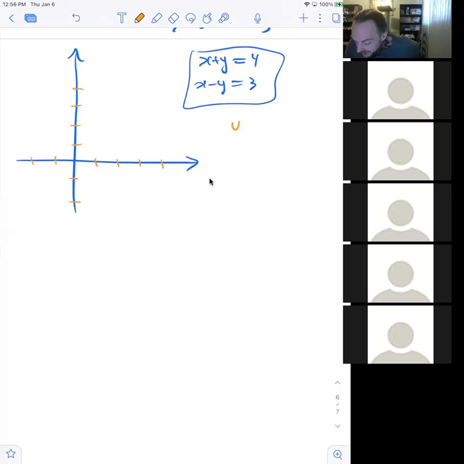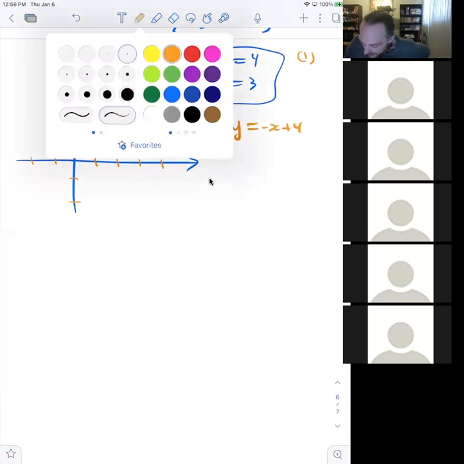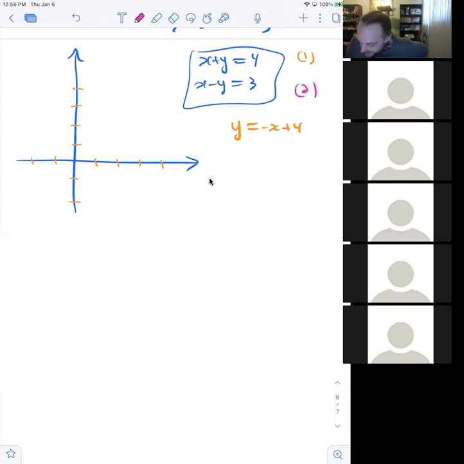What are our equations? From equation 1, if I wanted it in mx plus b form, y is negative x plus 4. And from equation 2, y is equal to x minus 3. These are the two straight lines I have.